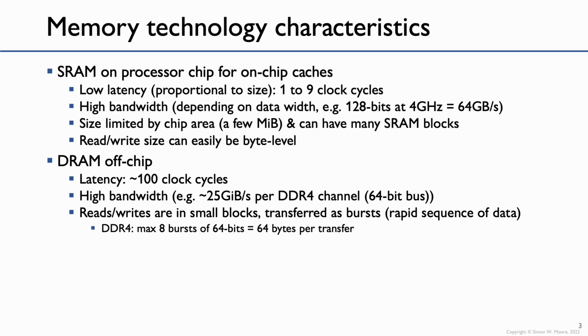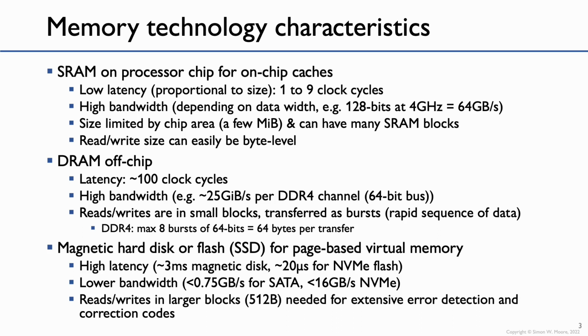Although it's still not as fast as on-chip memory, which I indicated could be around 64 gigabytes or possibly more. So reads and writes have to be in small blocks for DRAM. Things are transferred as bursts. A common burst size is 64 bytes per transfer, either for reads or for writes.